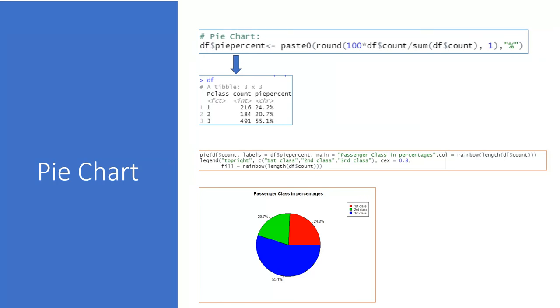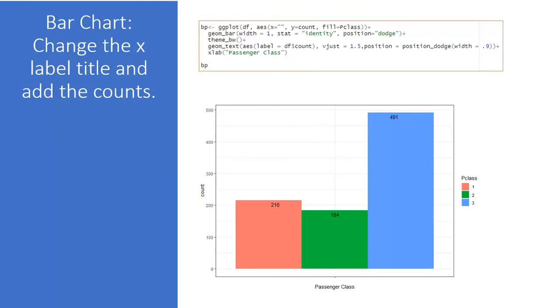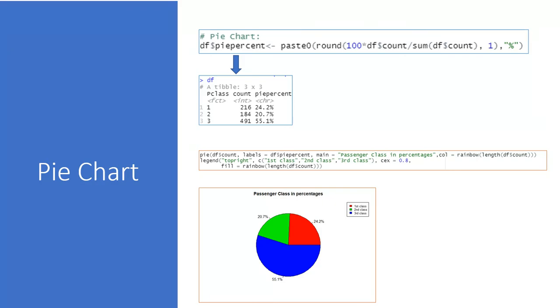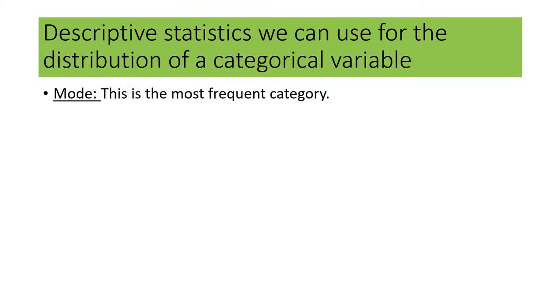So with percentages you are more able to see which category is more frequent. It depends, but usually we prefer to represent the percentage. Likewise, you can transform your bar chart with percentages as well. So instead of the counts here, you would get the percentage. Anyway, feel free to ask any questions, but as descriptive statistics, apart from percentages or counts per category, we represent the mode.